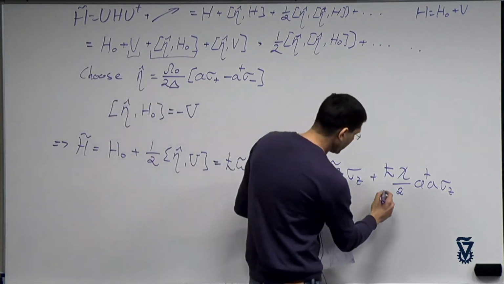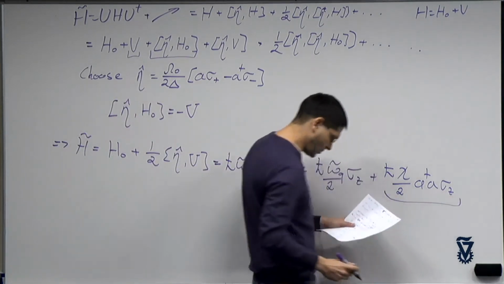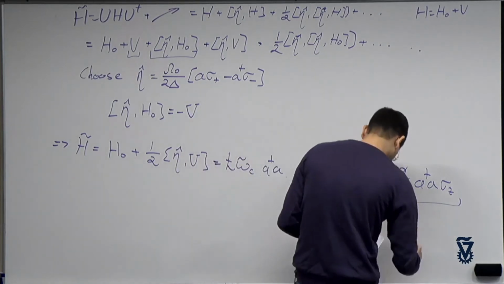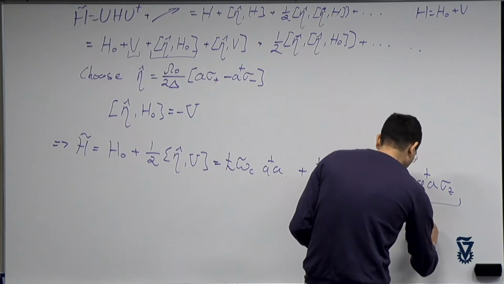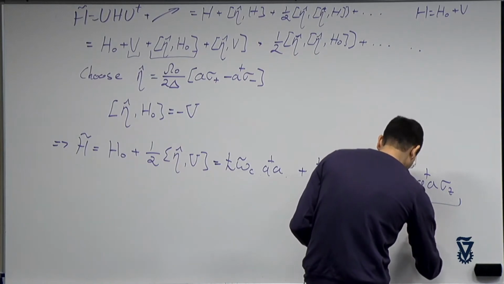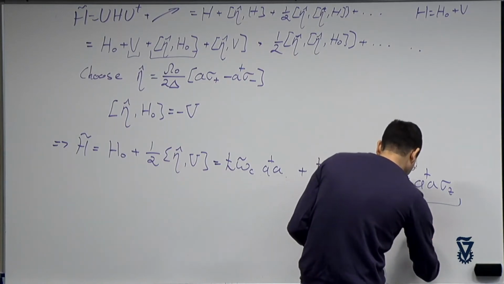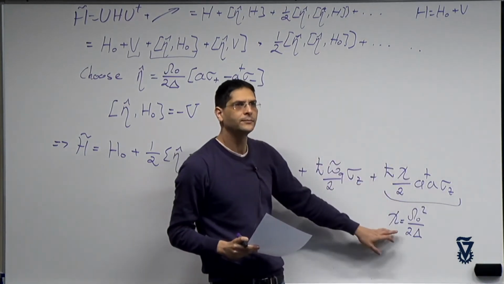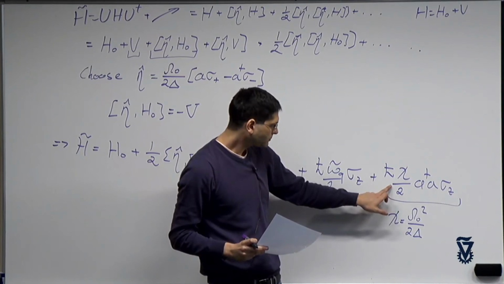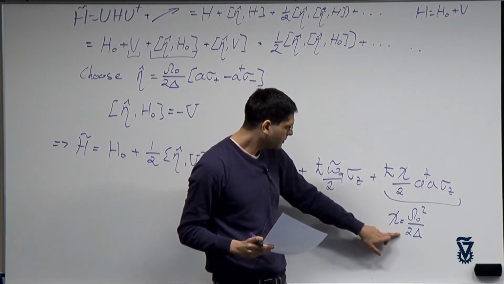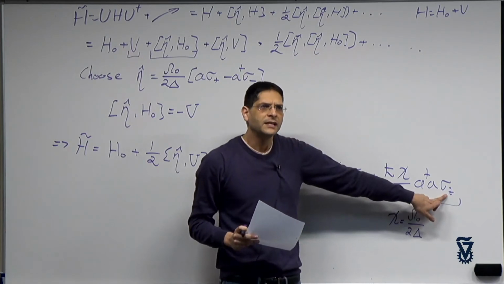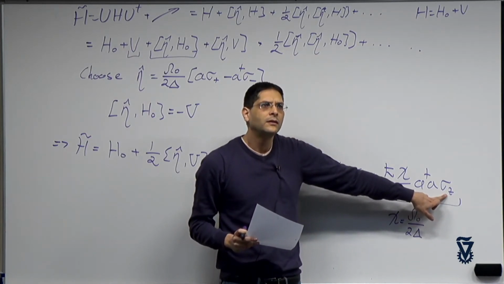So this term here is the new interaction term. This is the important term, where chi is omega naught squared over 2 delta. Okay, so this is our small parameter, chi. And now note that our interaction term is diagonal in the bases.